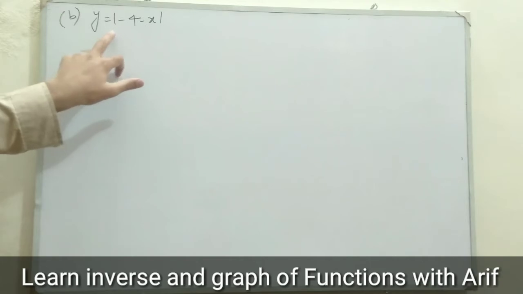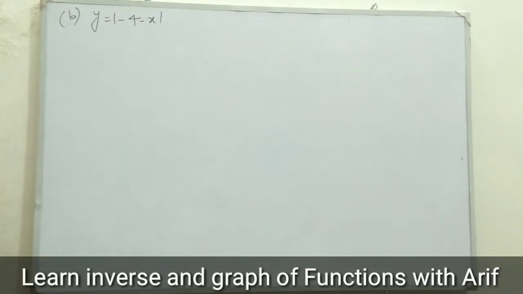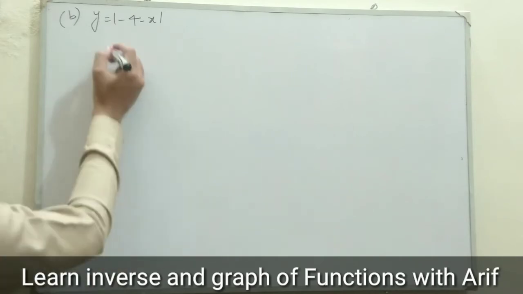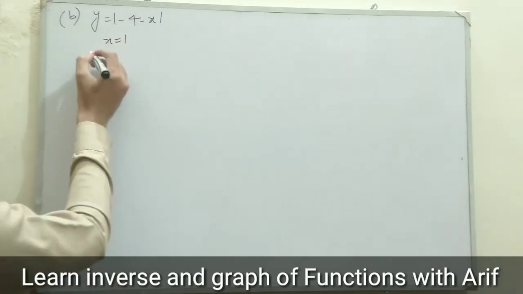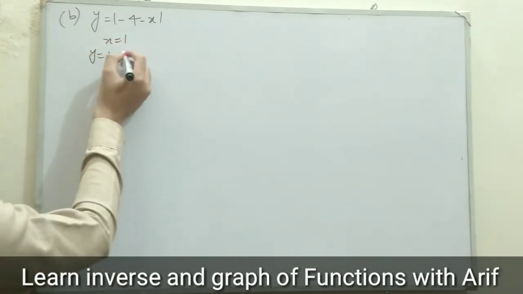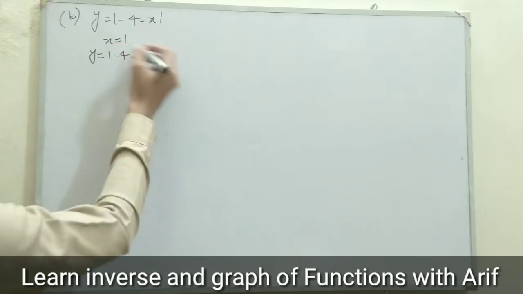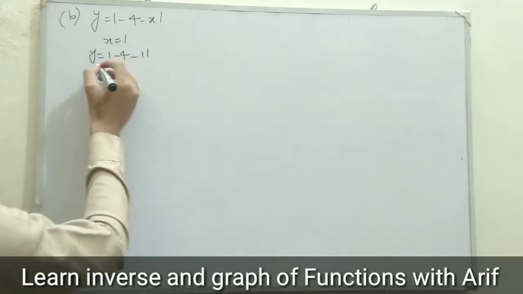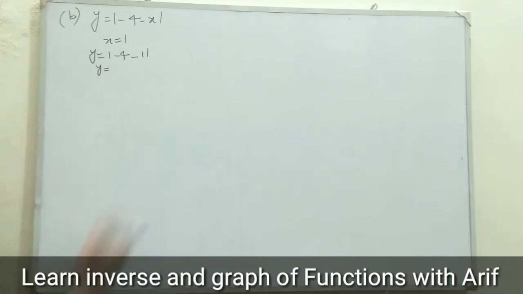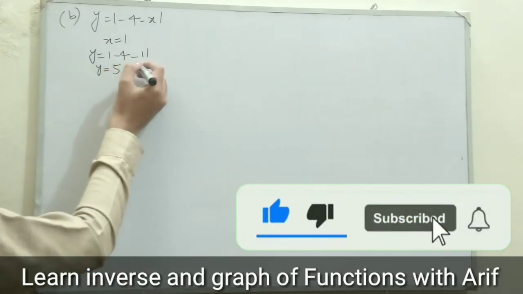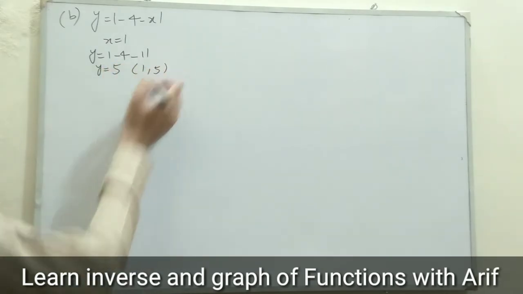y is equal to the absolute value of -4 minus x, so draw the graph of this function. Let's suppose x is equal to 1, so y is equal to the absolute value of -5, and absolute -5 is equal to 5. So at x is equal to 1 we have y is equal to 5.